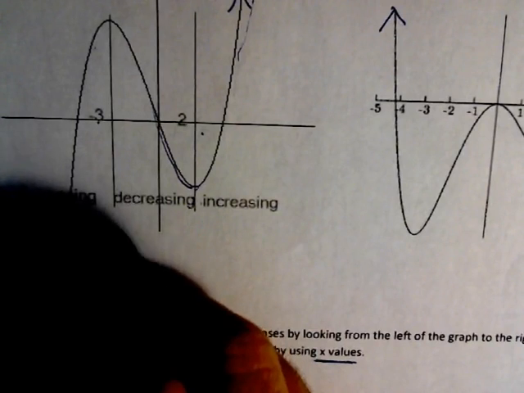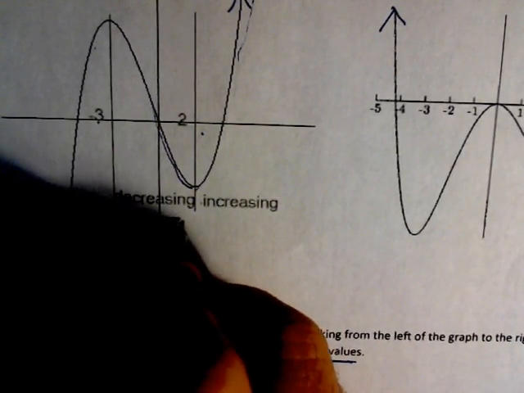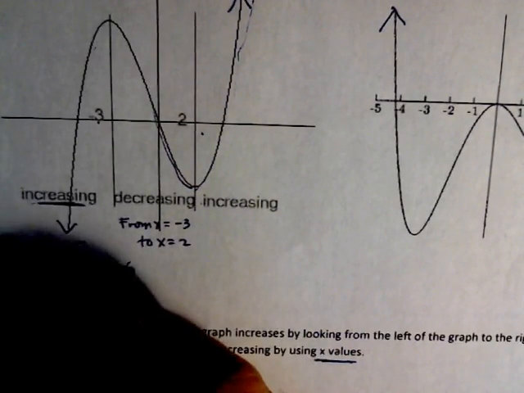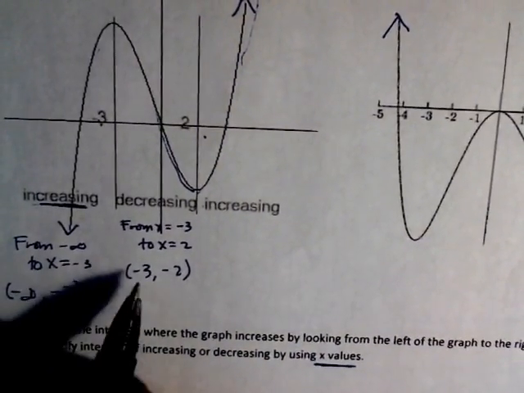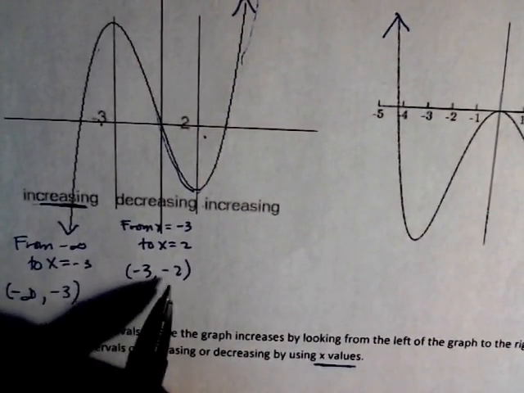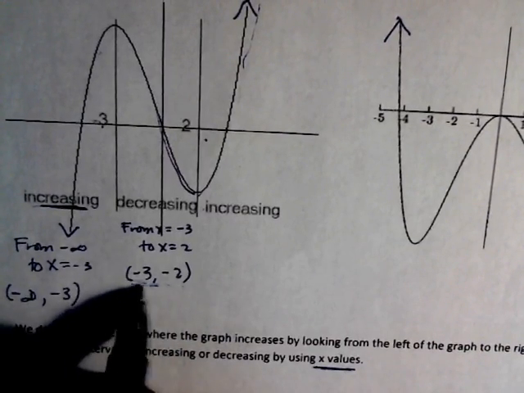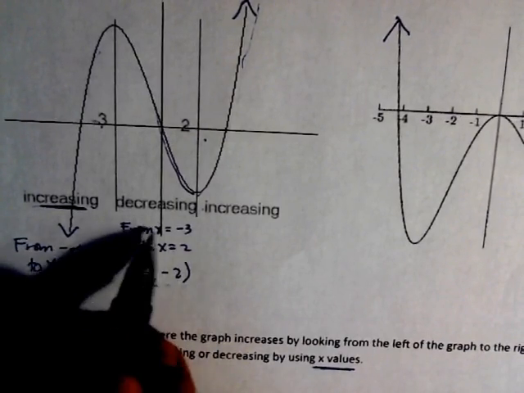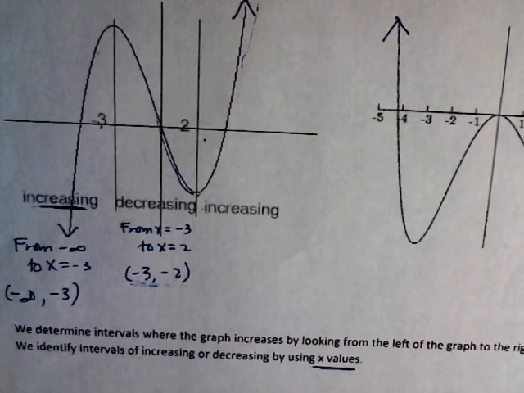Decreasing part is from x is -3 to x is 2. And again, we can use interval notation. I know you might think that's a point, and that's where people get confused, because these look like points, but they're not. They're intervals. So if you think you might get confused, then write it this way: from x is this to x is that.